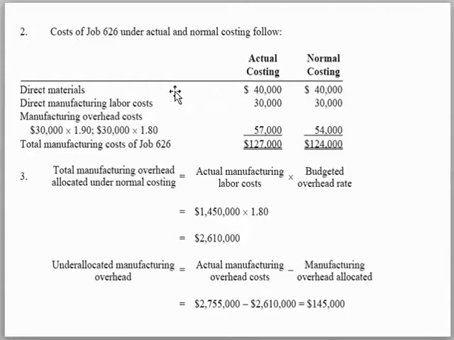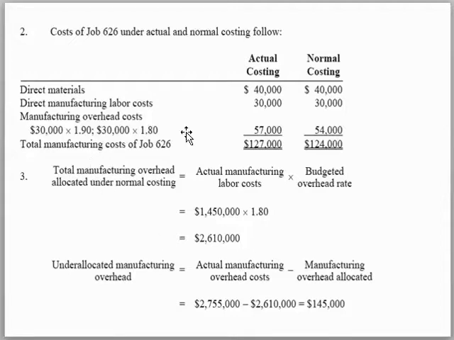So the direct material is 40,000 in actual costing and normal costing. Also the direct manufacturing labor costs is 30,000 in both. But the difference is in the overhead costs, as the actual costing is based on the actual rate, but the normal costing is based on the budgeted rate.